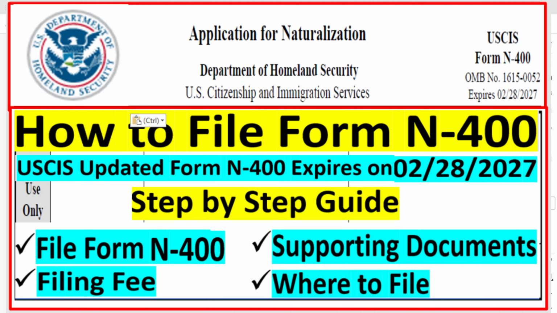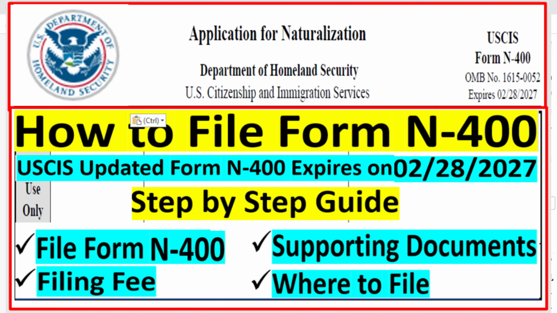Read the instructions. It's very important. They tell you everything right here. If you go, for example, to this question right here, Part 4, physical addresses, where is Part 4 right here? Required, Part 4, information about your residence.